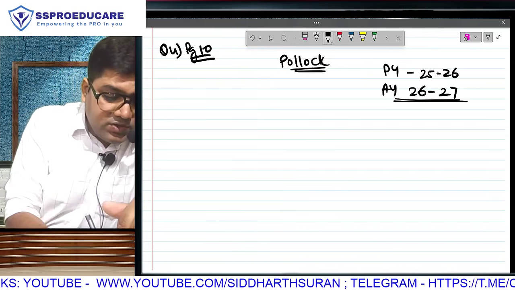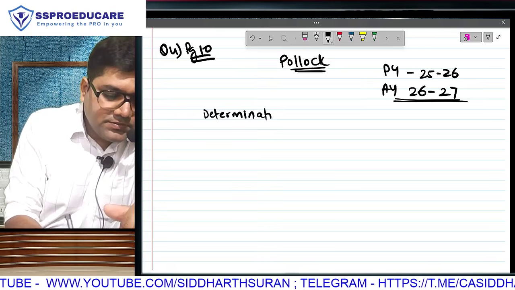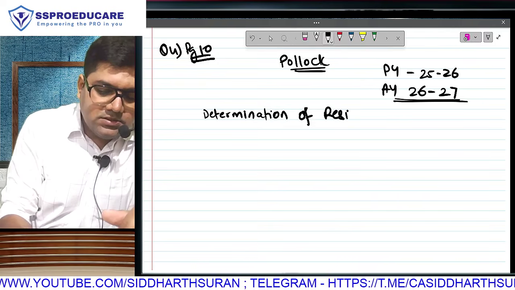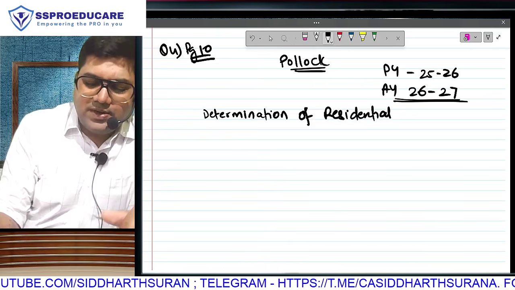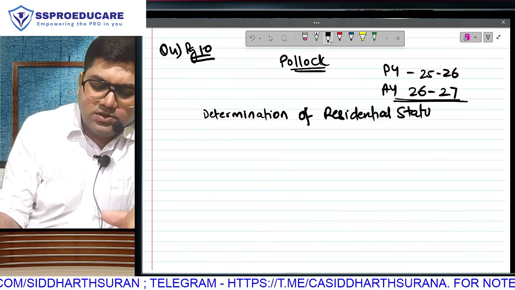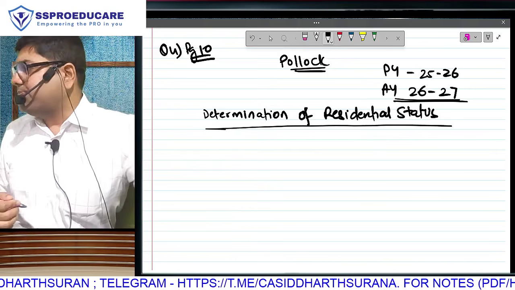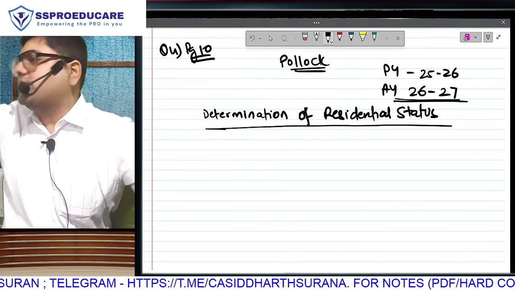So our heading here is going to be determination of residential status. Whatever is the required part of the question should always become your heading, not just in this chapter, but every chapter. So if the question says calculate income from salary, we will give the heading calculation of income from salary.